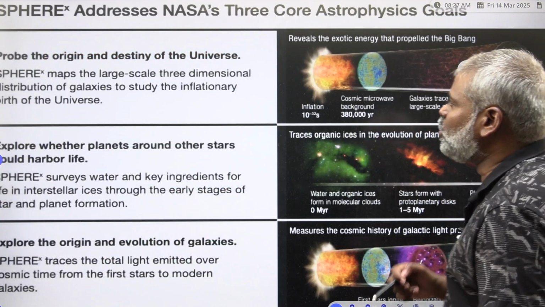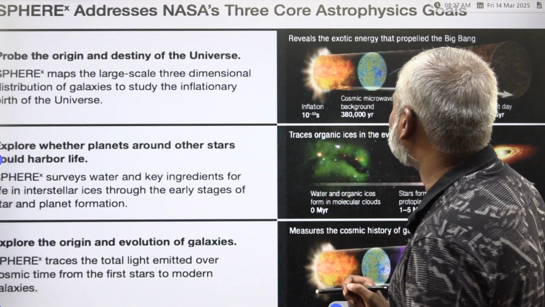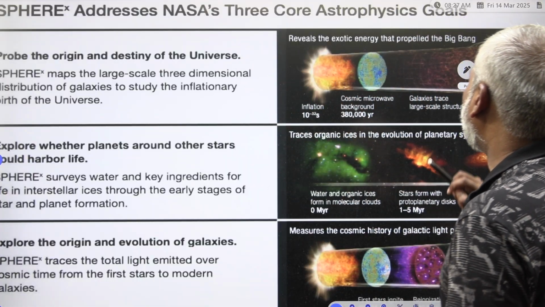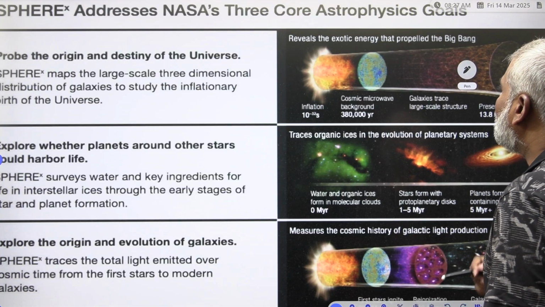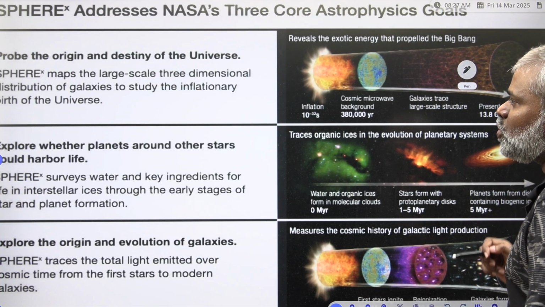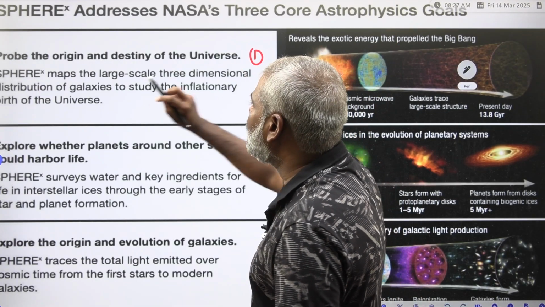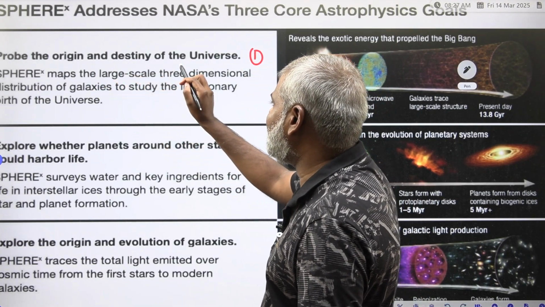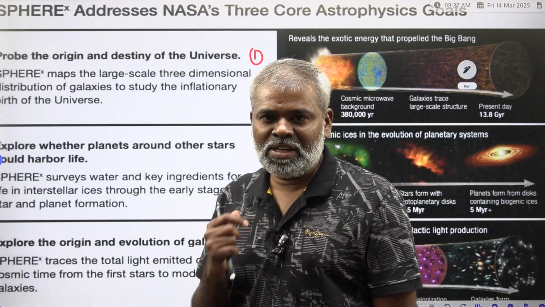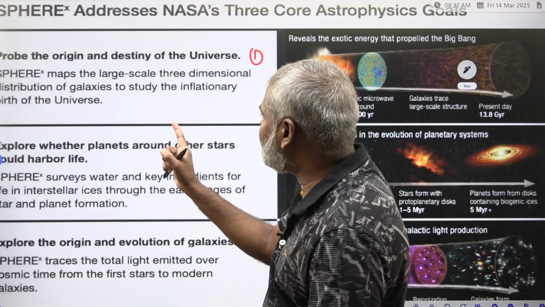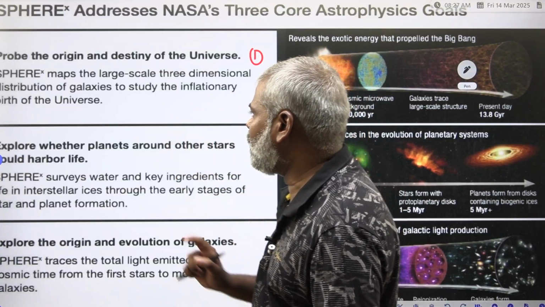After working for 2 years, what are the main aims? SPHEREx addresses NASA's 3 core astrophysics goals. What are those 3 core astrophysics goals? The first goal is to probe the origin and destiny of the universe.